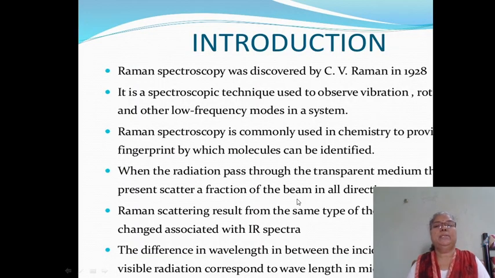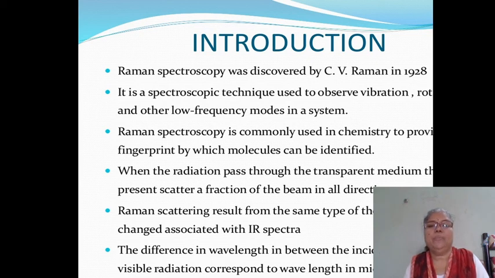Then we will see the introductory part regarding Raman spectroscopy. Raman spectroscopy was discovered by Dr. C.V. Raman in 1928. It is a spectroscopic technique used to observe vibrational, rotational, and other low frequency modes in molecules.